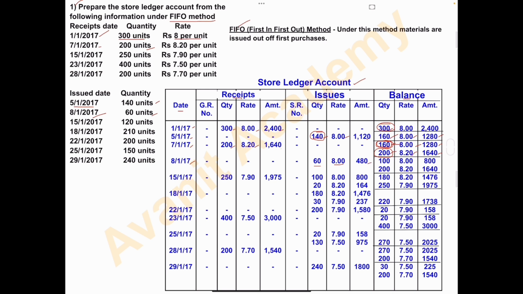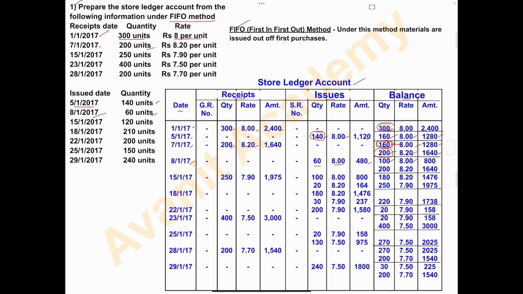Now we have to write the balance. So in balance, what do we have? 160 units in one bag, and 200 in the other bag. From this 160, just now we have issued 60 units. Now we are left with 100 units, and the rate is rupees 8. 100 into 8, and the amount is 800.